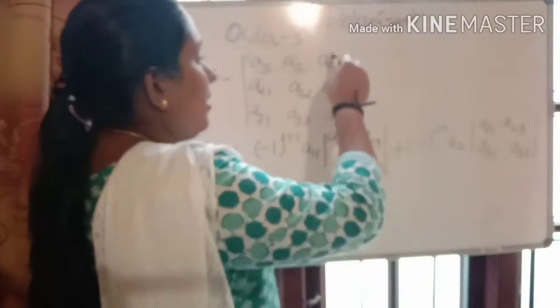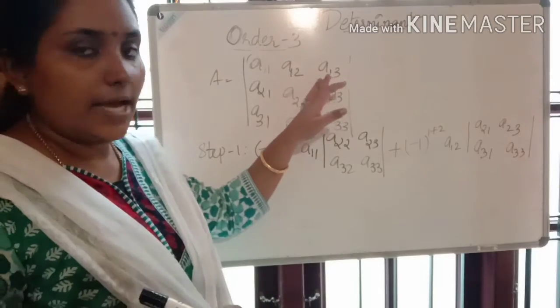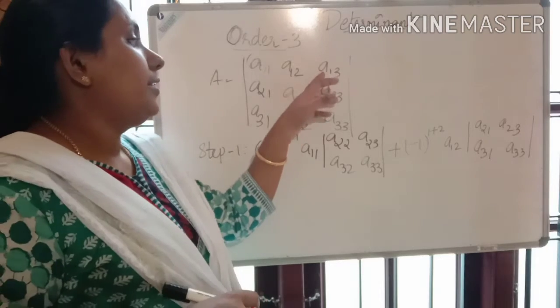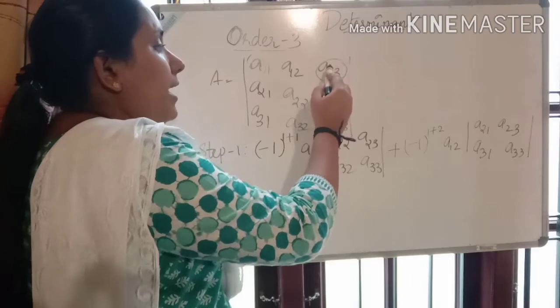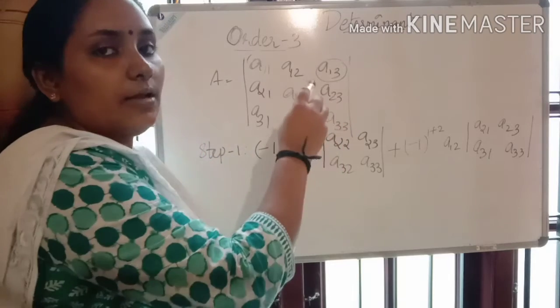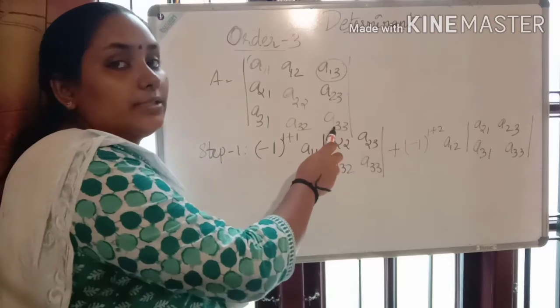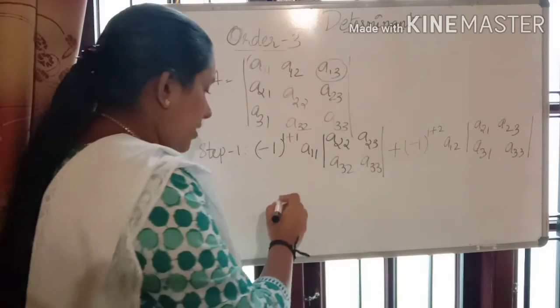Next, consider the third element to find the determinant of order 3. That is A13. Except A13, all the elements in the third column and first row are eliminated.